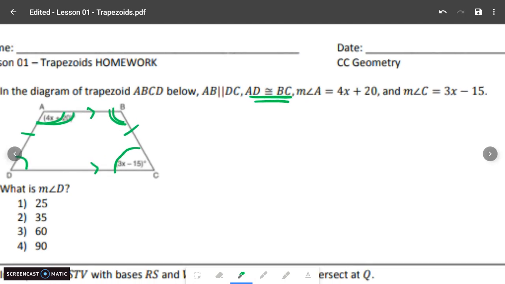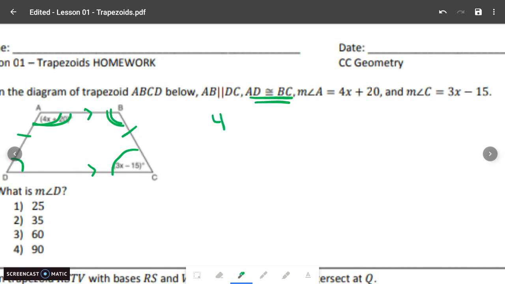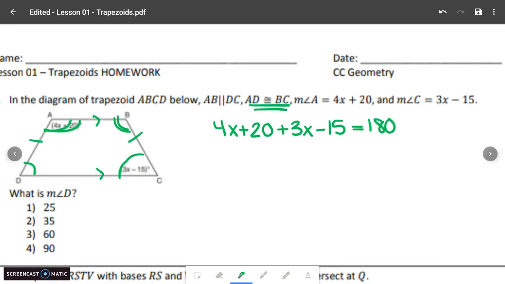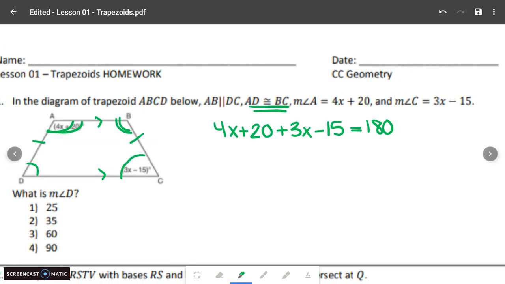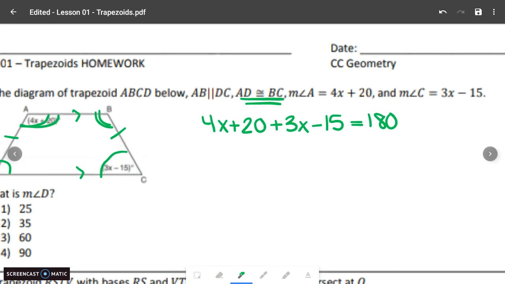So to solve this one, we want to take 4x plus 20 and add it with 3x minus 15, and it should equal 180 degrees. And you could cheat a little bit, because if you look at the two angles, they don't even look the same. Not that you can ever write that as a valid reason, but since they don't look the same, we know we can't set them equal to each other.